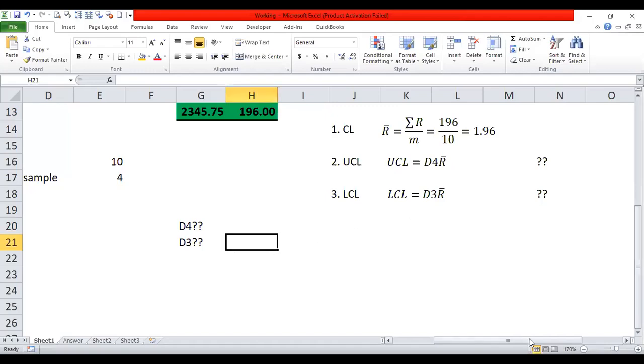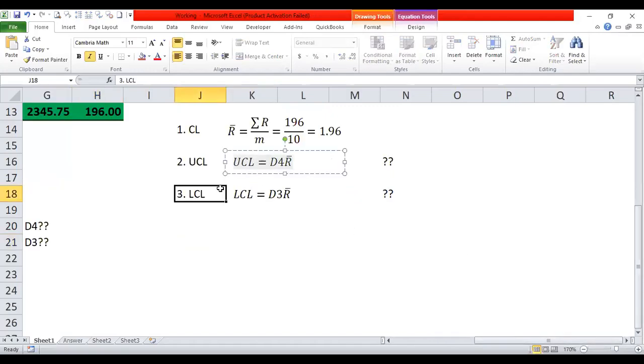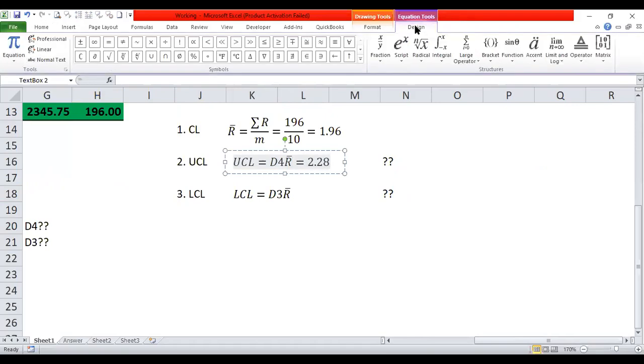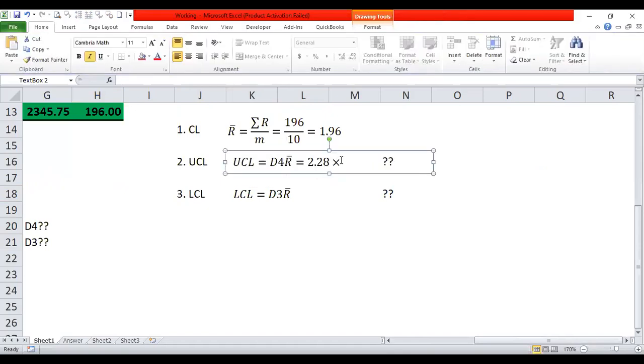I will check. So upper control limit is equal to D4 value, that is 2.28, into R bar value. So our R bar value, we have calculated that 1.96.